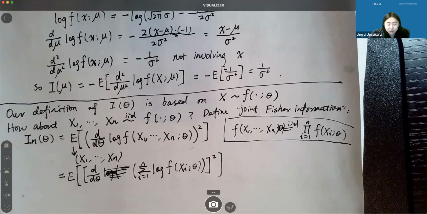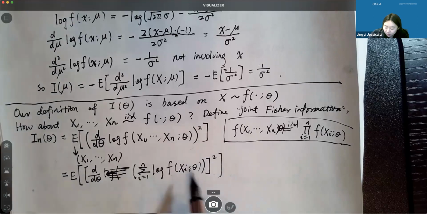Okay, and furthermore, what else do we have? Given this joint Fisher information, I can skip a few steps here, because otherwise we need to expand this sum.